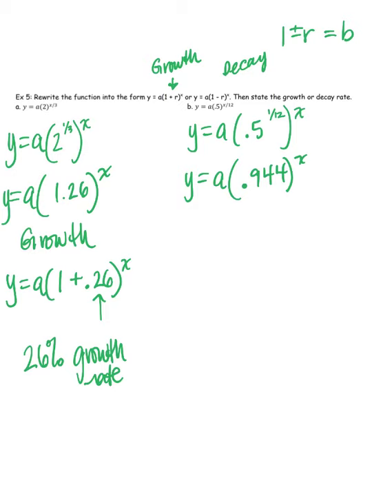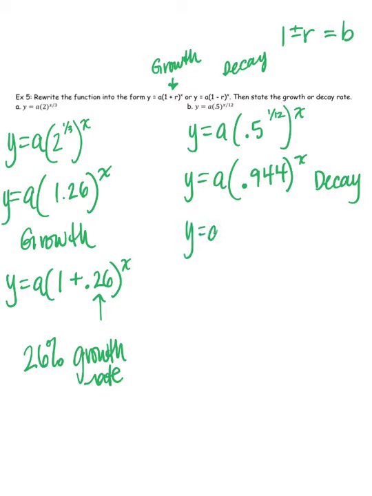At this point, I need to determine, is that growth or is that decay? Well, 0.944 is a number that is less than 1 but bigger than 0, so this is showing decay. So I know that I need to use the formula of a times 1 minus r. Well, 1 minus r has to equal that 0.944, so I need to find its complement. 1 minus what number?